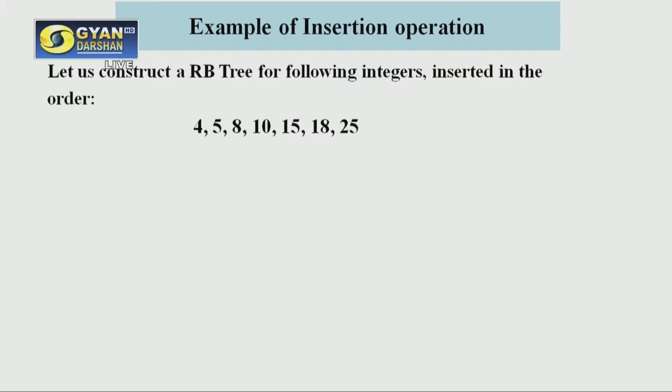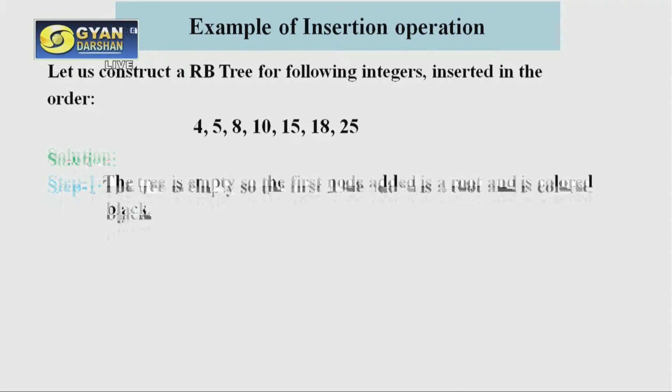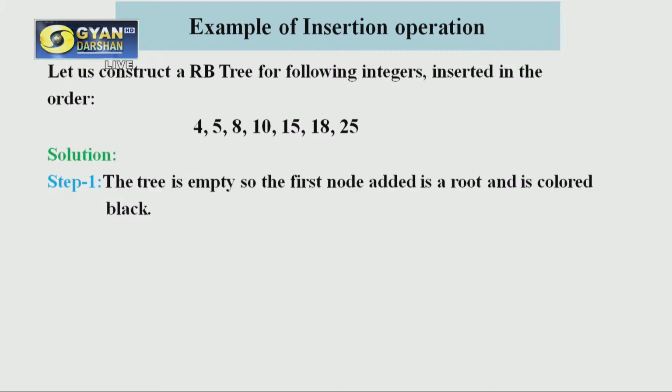That is, first 4 is inserted, then 5, then 8, then 10, 15 and so on. Initially when we insert 4, the red black tree is empty, so there is no violation of the red black property.